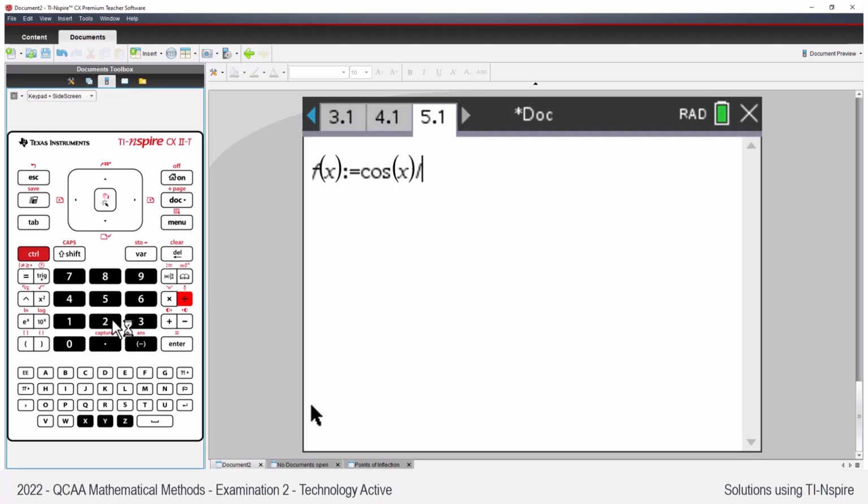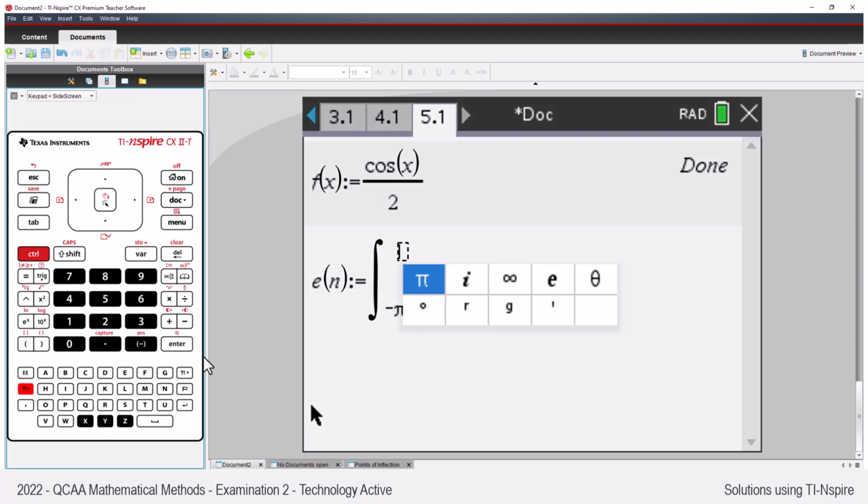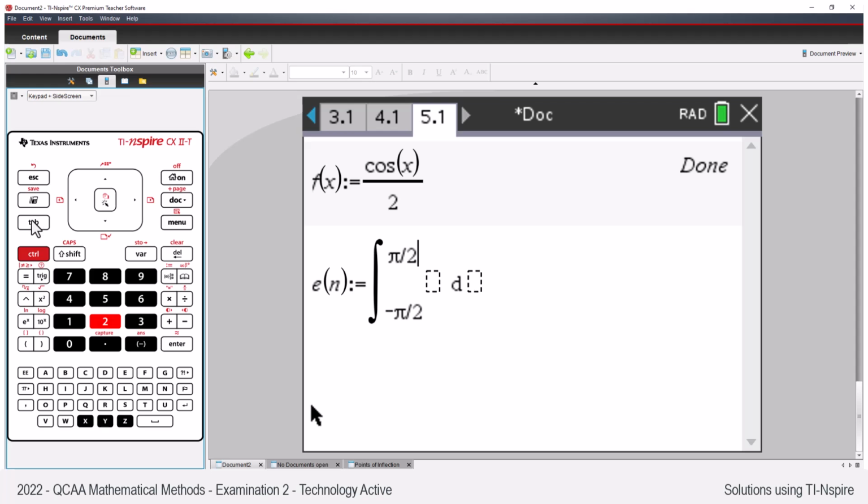We're asked to calculate the standard deviation, which we can find by calculating the square root of E of x squared minus E of x all squared. I'm going to define E of n as a numerical integral between negative pi on 2 and pi on 2 of x to the power of n multiplied by f of x.